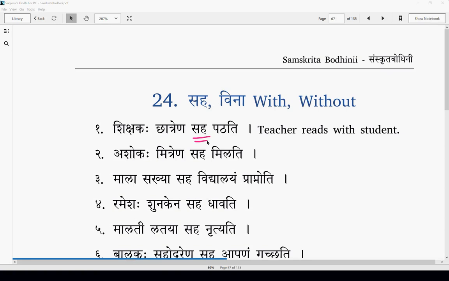Shikshakaha patati. Can we say this as doing it together? So the action is performed together along with this. So with is there, and that is why it is coming in the third case. Right, Mangala Bhagini was saying along with, like that. So the action is performed saha.